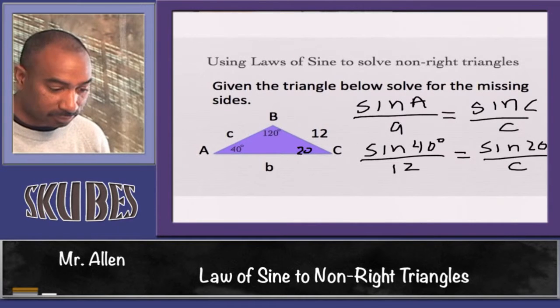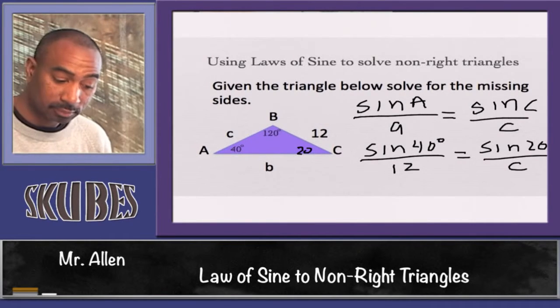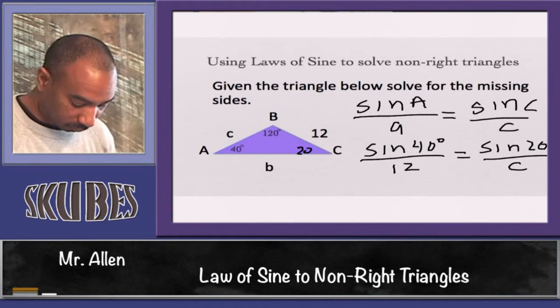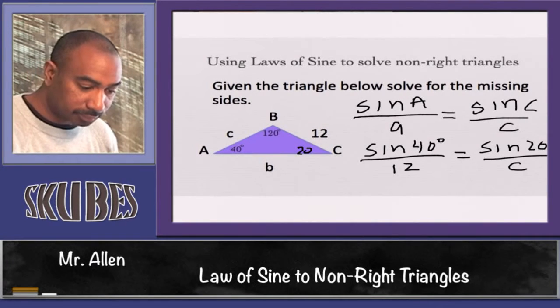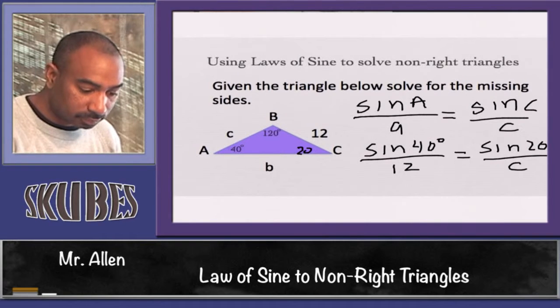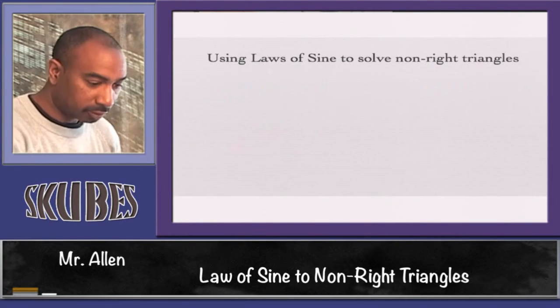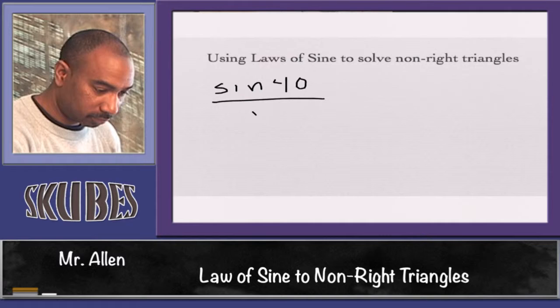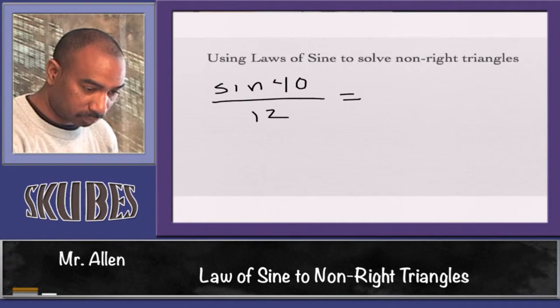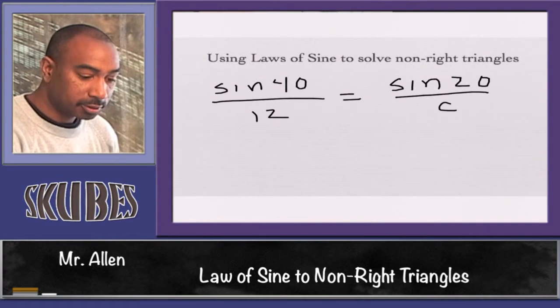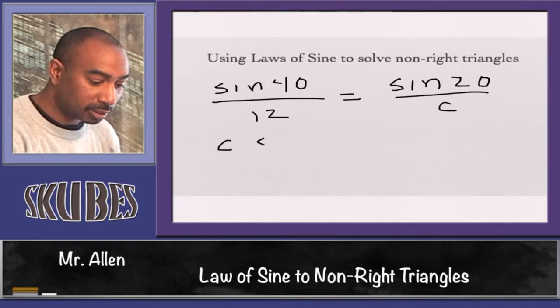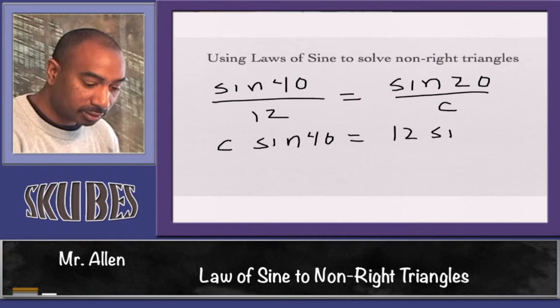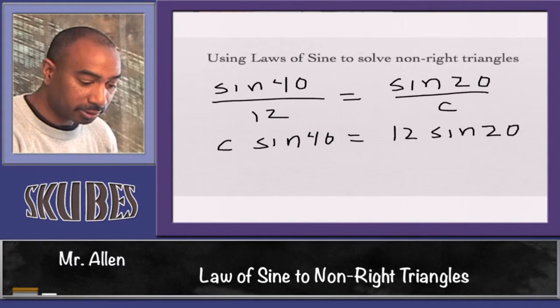And what we're going to do is solve for c. So recall, this is our equation. We're going to solve for c, so you're going to cross multiply. You get c sine of 40 equals 12 sine of 20 degrees.